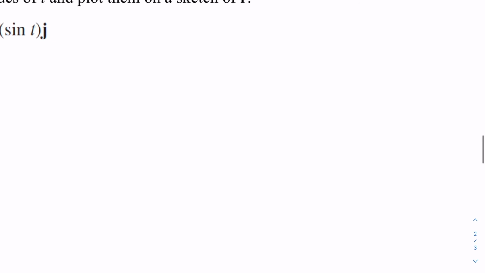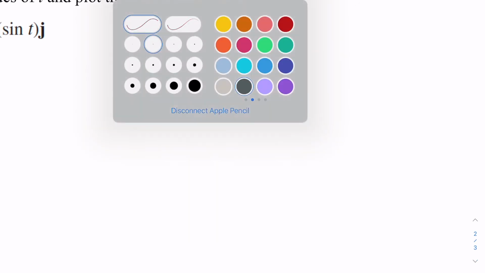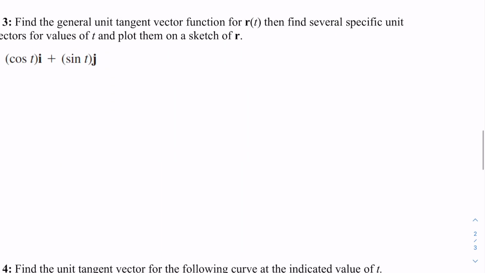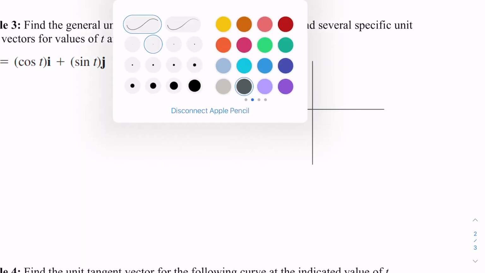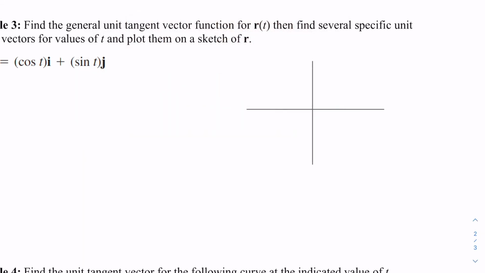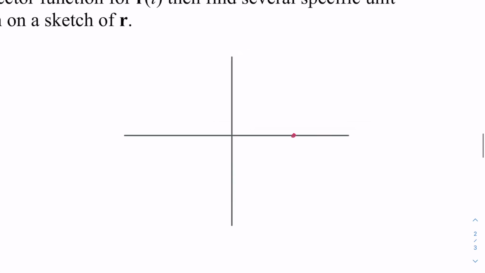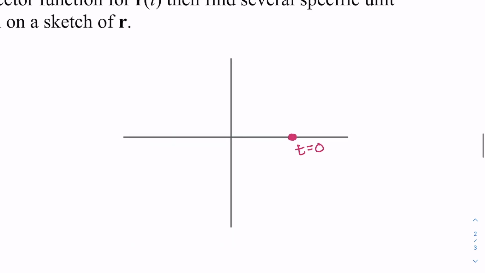So just to draw a sketch of it, to remind you, the curve cosine t i plus sine t j looks like this. Plugging in 0 for t gives you 1i plus 0j. So your starting point is here. That's at t equals 0. And then as you increase t, you reach pi halves, which will give you 0, 1.